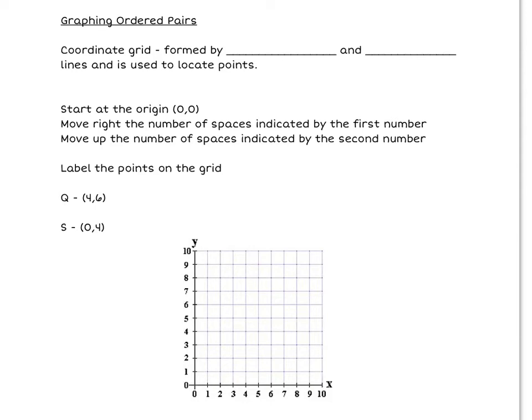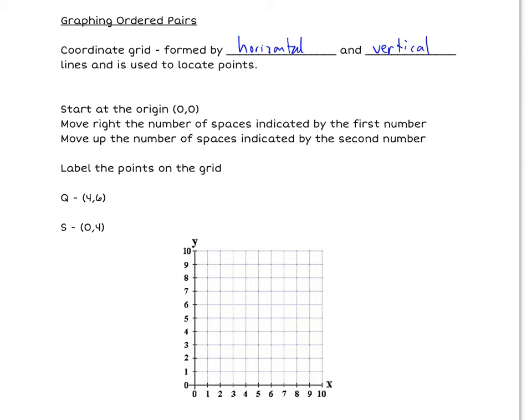A coordinate grid is formed by horizontal and vertical lines, and it's used to locate points. You're going to start at the origin, which is 0, 0. Its special name is origin. Then move right however far you need to go, and then move up however far you need to go.